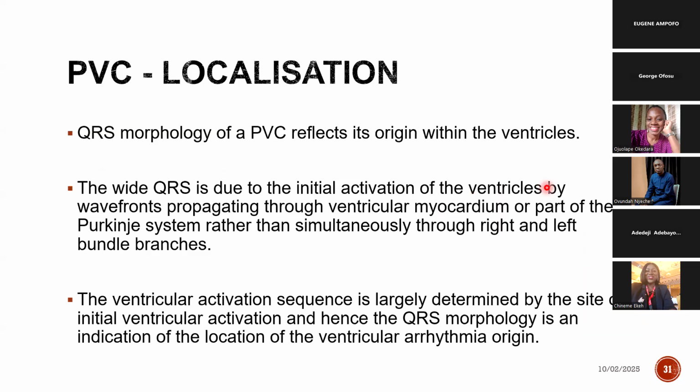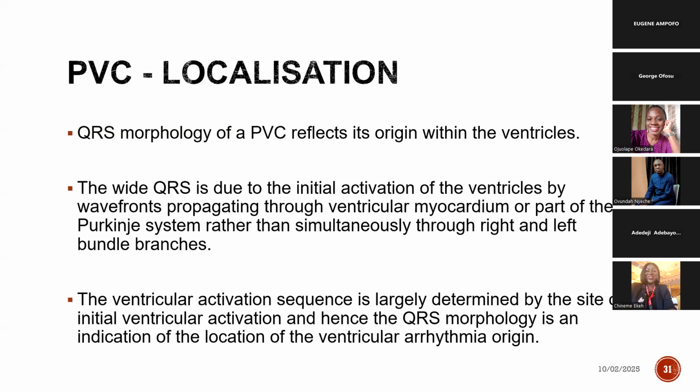So by way of location, QRS morphology for PVC can also reflect the origin within the ventricles. The wide QRS complex is due to the initial activation of the ventricles by the waveform propagating through the ventricular myocardium or part of the Purkinje system, rather than simultaneously through the right and left bundle branches.